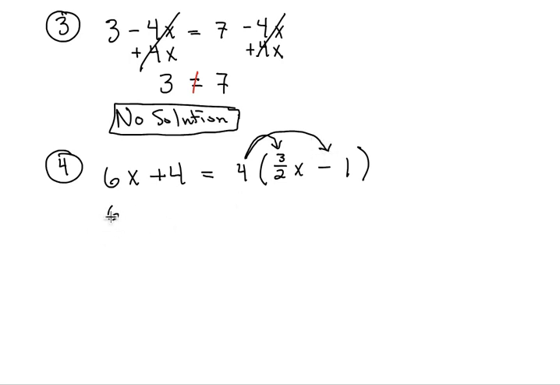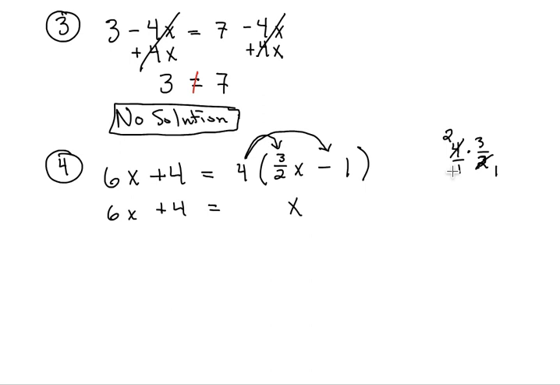So I'll bring down my 6x, bring down my plus 4, bring down my equals right below it, and then 4 times 3 halves. I'll do a little sideline math: 4 times 3 halves. Don't forget the x, but I'm going to do my calculation over here without the x. 2 goes into 2 once, 2 goes into 4 twice, so the 2 cancels out.